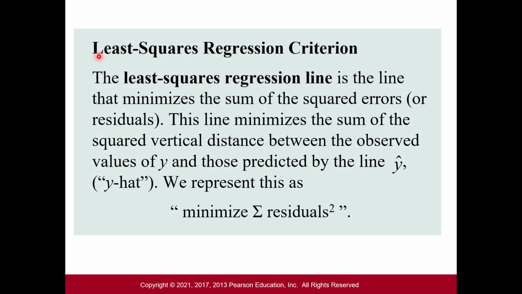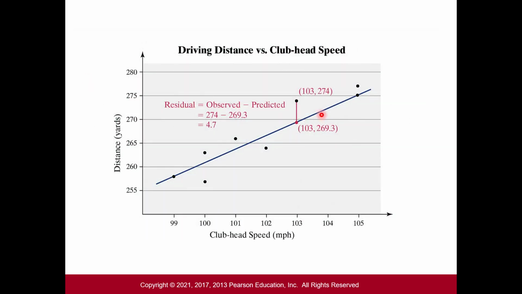Okay, so now this least squares regression idea that we're going to talk about: basically we want to make this distance between the predicted and observed values as small as possible. So we're looking for the line that best fits our data so that all of the residuals between each point and our line are as small as possible.